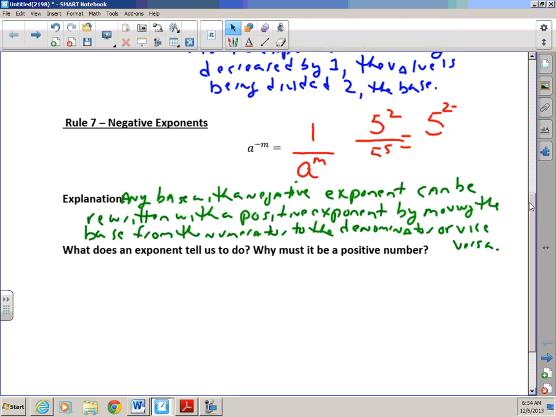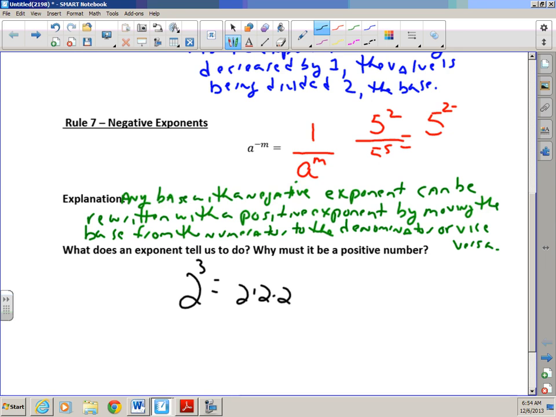Okay. Now, just so that you understand, what does an exponent tell us to do? Why must it be a positive number? Well, to show you this numerically first: if I have 2 to the third power, that exponent of 3 tells me to multiply 2 by itself 3 times.